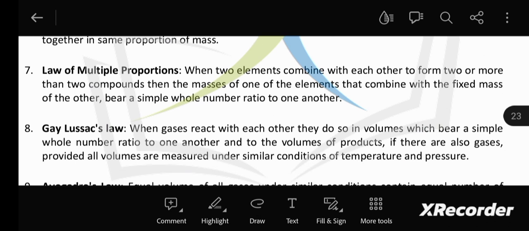Now law of multiple proportion, when two elements combine with each other to form 2 or more than 2 compounds, then the masses of one of the elements that combine with the fixed mass of the other bear a simple whole number ratio to one another. So multiple proportion tells us that when 2 or more elements combine to form 2 or more types of compounds, it is not necessary that only one kind of compound forms, 2 or more kinds of compounds can form, but the ratio will be fixed for all of them.